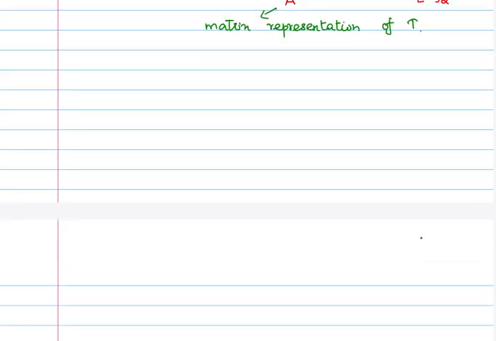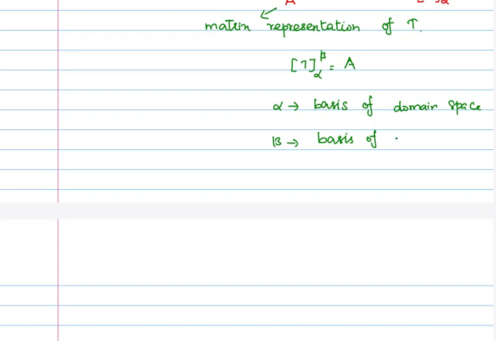This is the matrix representation of T. Please note that the matrix is A equal to the matrix of T with respect to alpha and beta, where alpha is the basis of the domain space, V, and beta is the basis of the codomain space, W. Please keep this in mind.